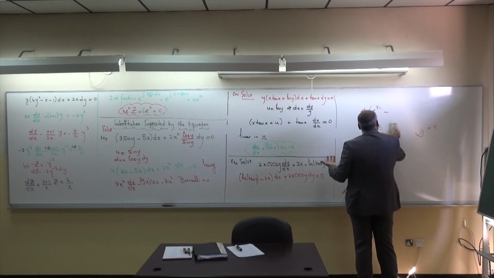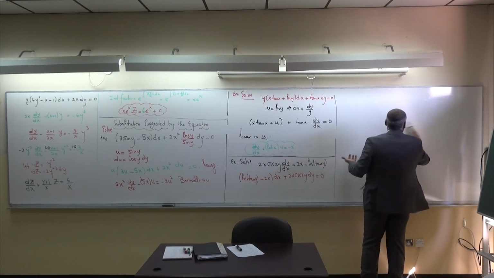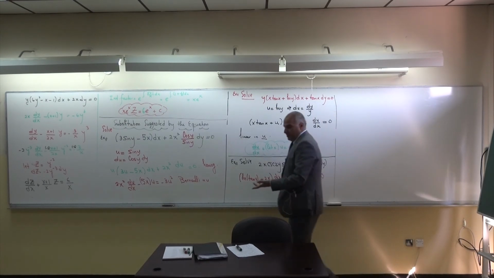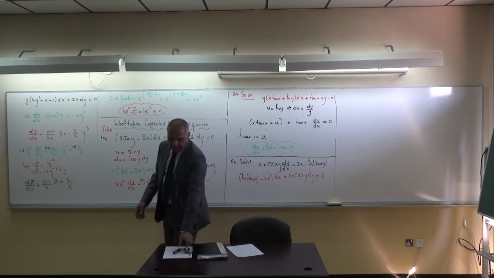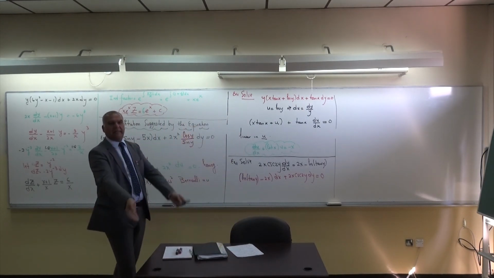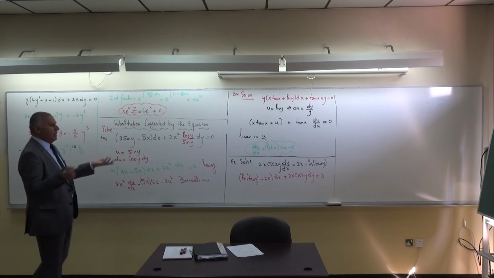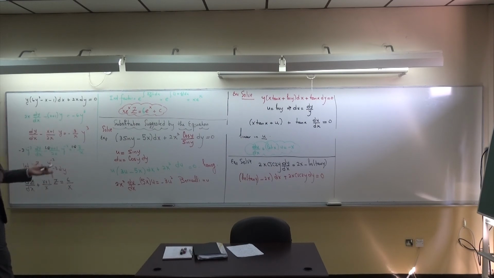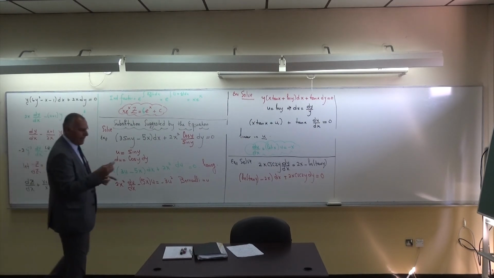Again, what we're doing is reviewing everything so far: checking it's not homogeneous, not separable, not exact, not linear, not Bernoulli. This is all review for what we've done, except of course when it comes to solving, you have to go back.